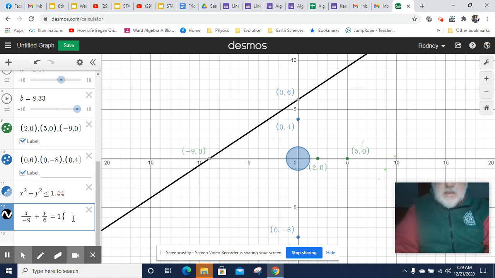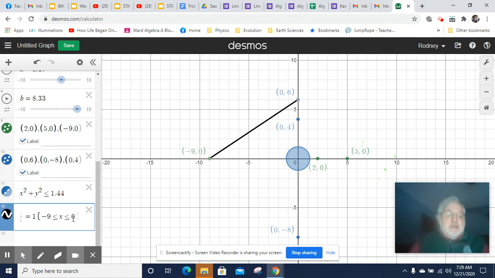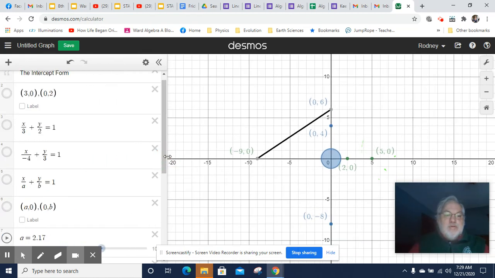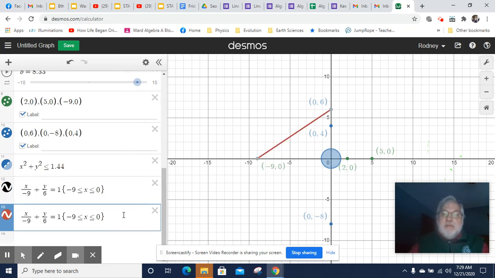I'll just say -9 is the low value for x, less than or equal to x less than or equal to 0. And there I've made it fancy. Stretch that out so you can actually see the whole equation. There it is. And to make my life easier, I'm just going to copy paste.